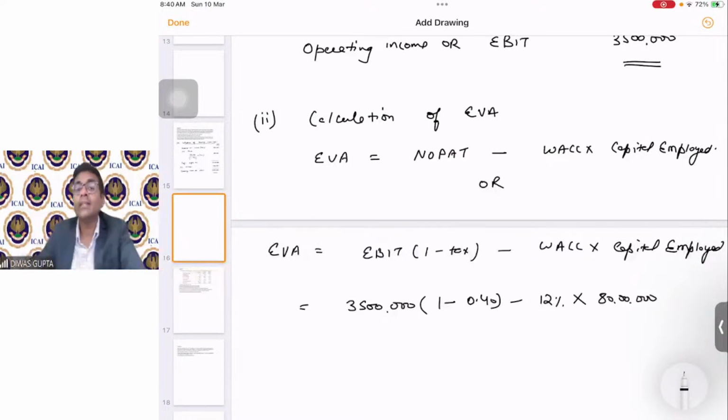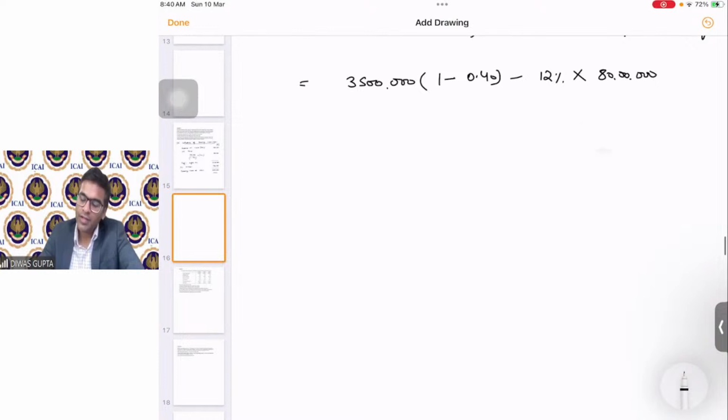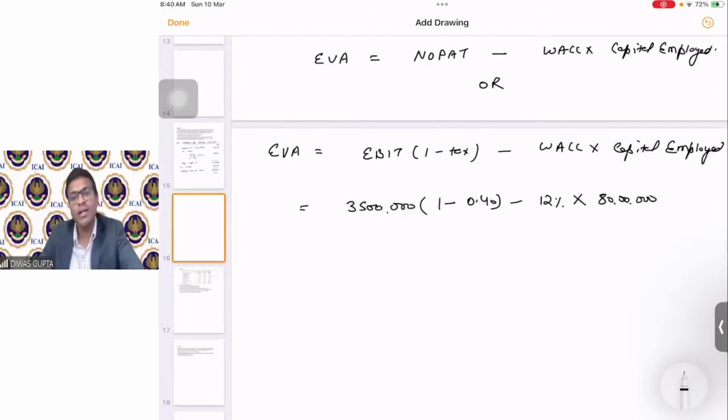Out of that 80 lakhs, there is a ratio that they maintain for debt and equity. That is a separate part, right? But the overall amount of capital invested is 80 lakhs. Because we have the overall cost of capital, which is WACC, hence we are using the overall capital employed.